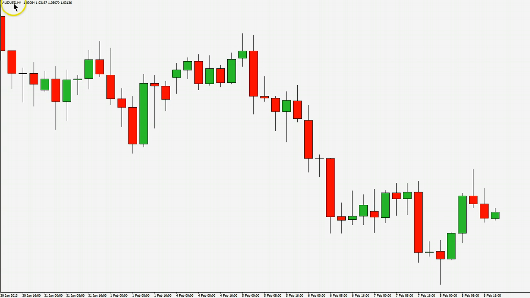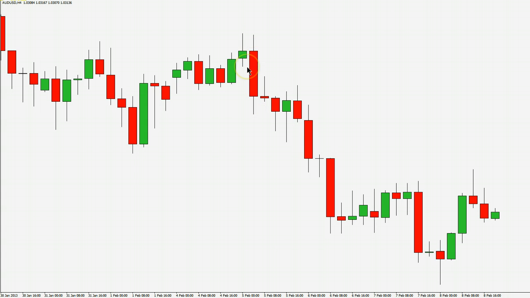Now if you look over here on the top left, you can see that it says AUD/USD H4. H4 means that it's a 4-hour Japanese candlestick, and the 4-hour is the time that has elapsed in this candle. So this candle was a total of 4 hours from top to bottom.